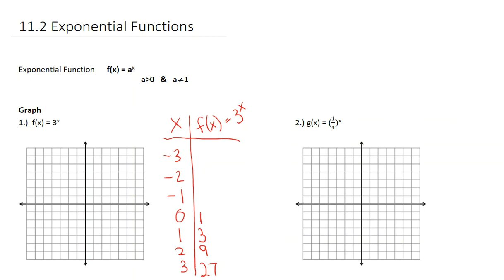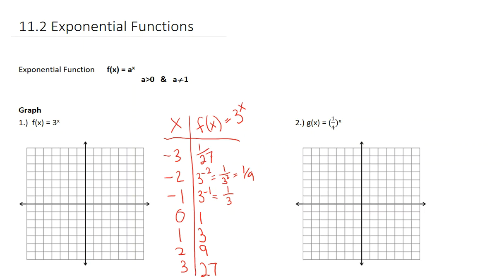I'm hoping you recall what happens with negative exponents. 3 to the negative first power is written as a fraction, 1 over 3. Then 3 to the negative second power is 1 over 3 to the second, which is 1 over 9, and then so on. So this is 1 over 27.